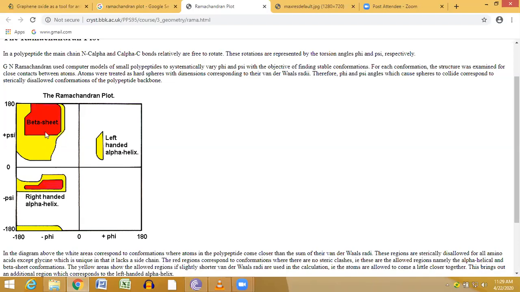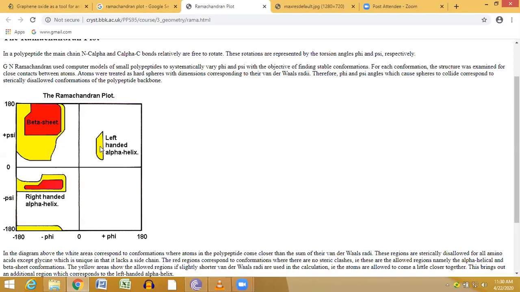That means in realistic cases, there may be some steric interaction, hydrophobic interaction, or some water molecule entrapment. So this may have some variation, so I have to give some tolerable zone, the permissible zone of variation. So this yellow is the permissible zone of variation, but red is the most probable zone. Why is it yellow here?